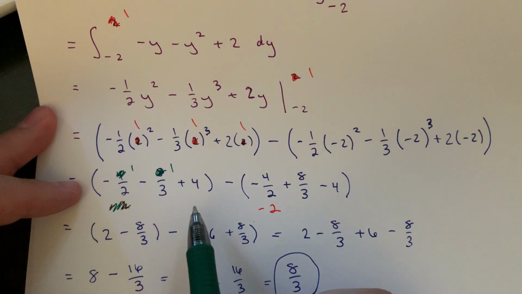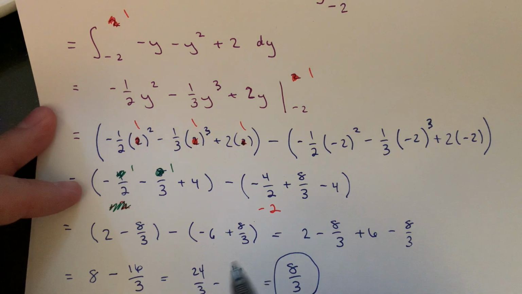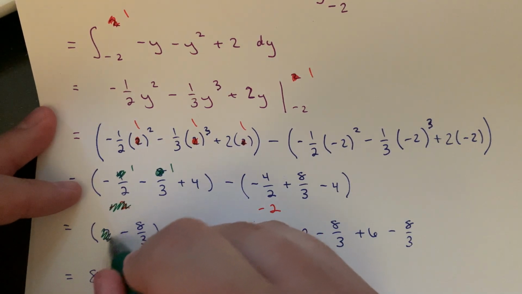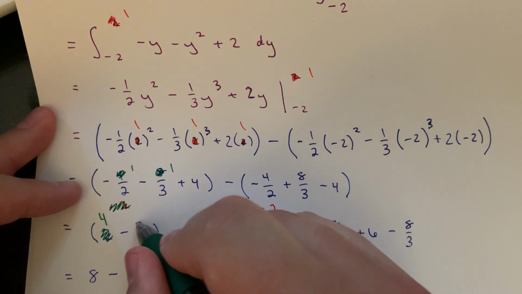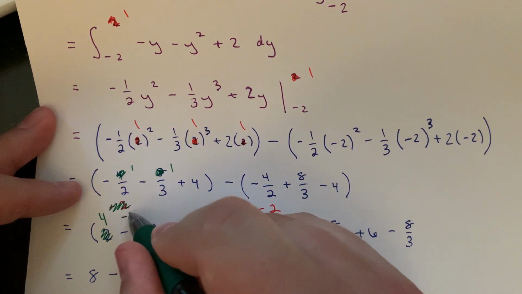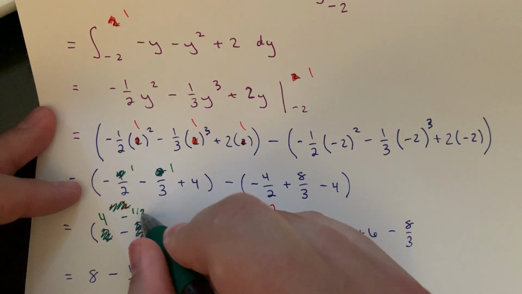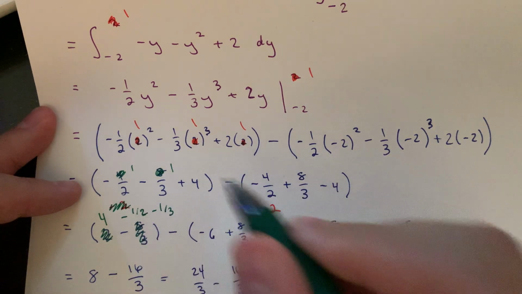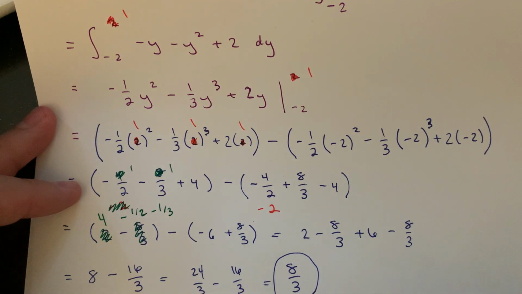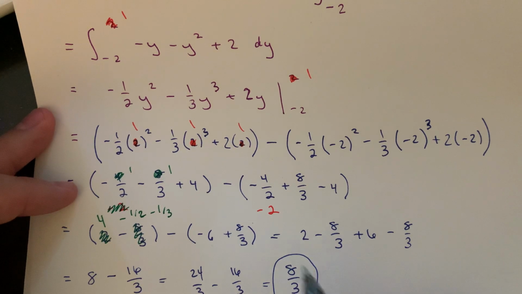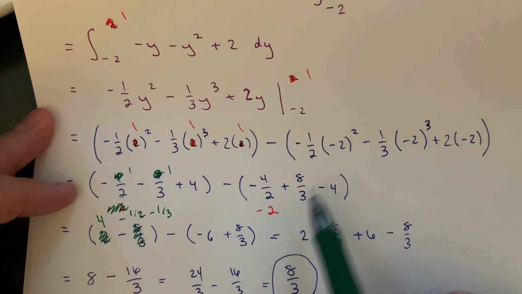So what am I really dealing with here? Minus 1/2 minus 1/3 plus 4. Minus 1/2 minus 1/3. This stuff still cleans up okay.